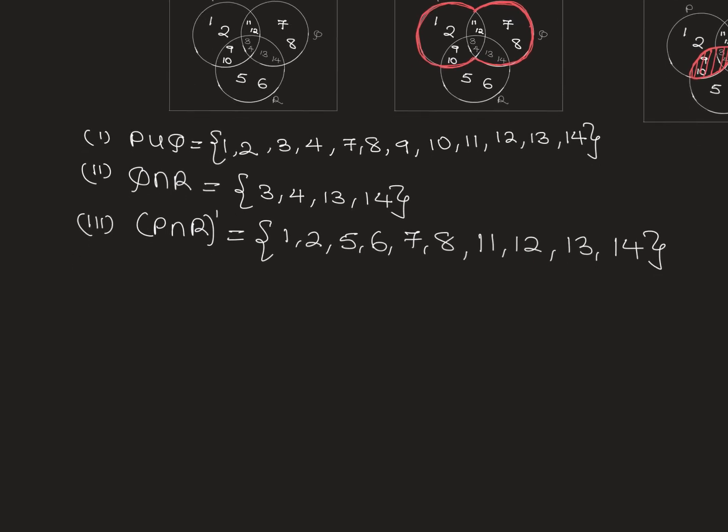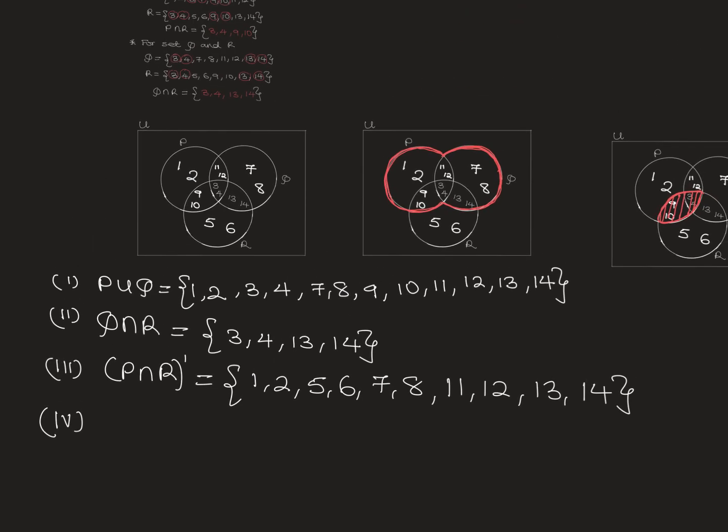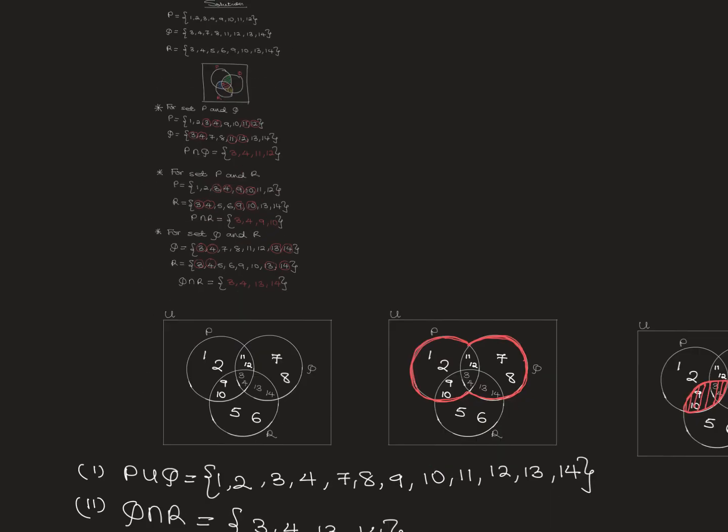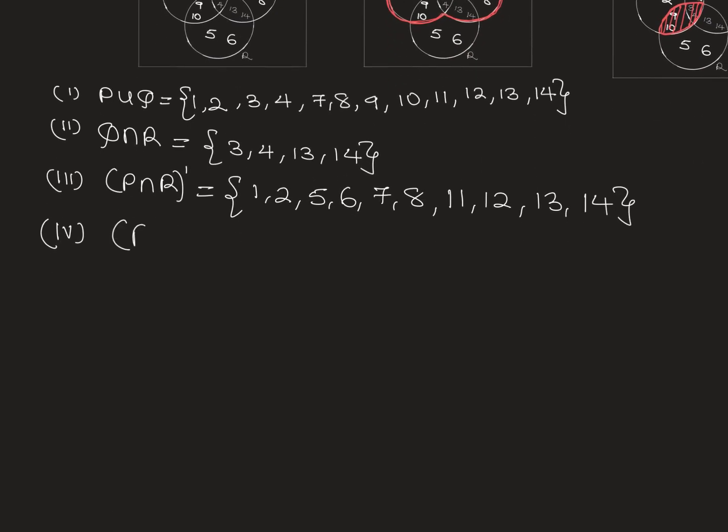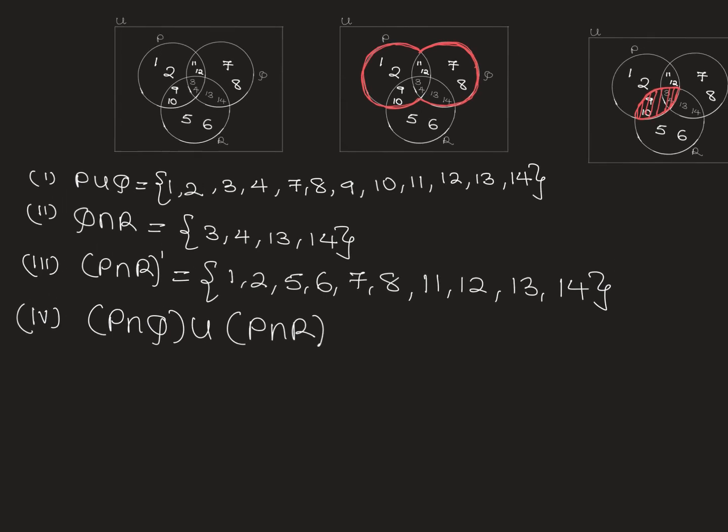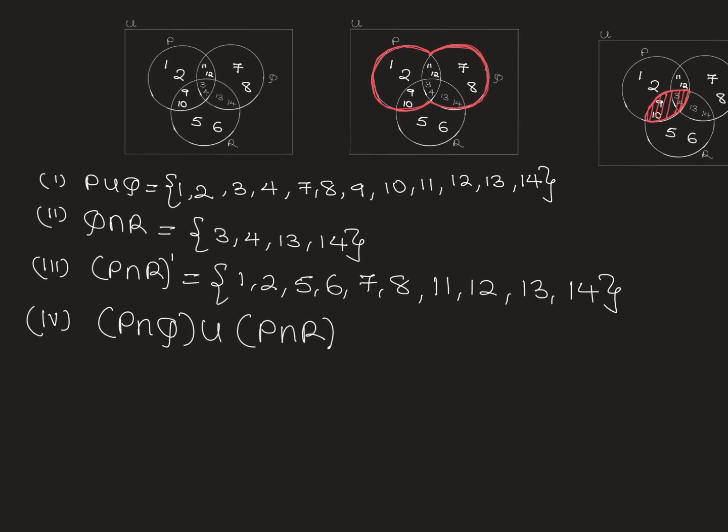We are now going to move on to answer question 4. And what is question 4? Question 4 is P intersection Q union P intersection R. Don't be intimidated by this instruction.